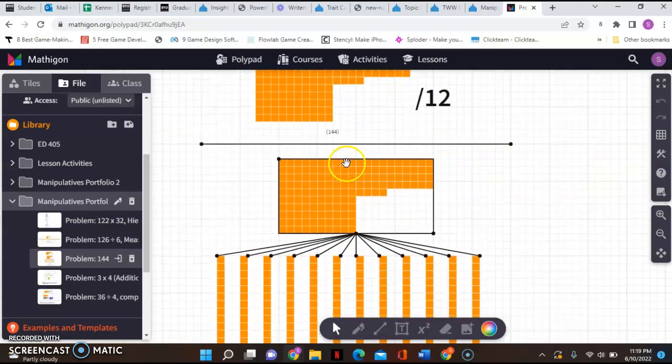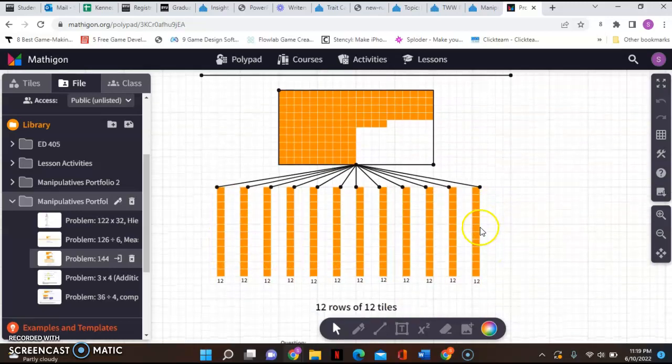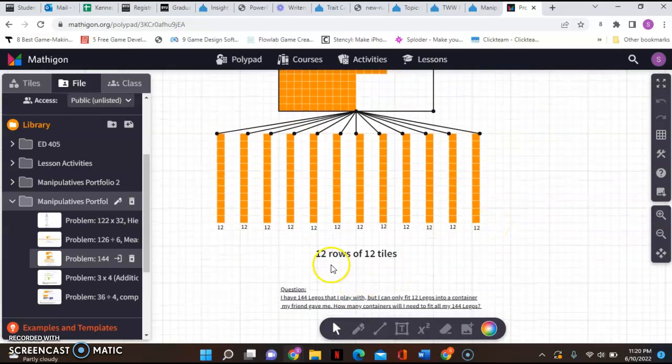What I had to do was take this original value and separate it into groups of unknown, but there had to be 12 separate groups. After I separated it into 12 separate groups, I was able to take the remainder of the values and sort them into each group equally. And so there are 12 rows of 12 tiles.